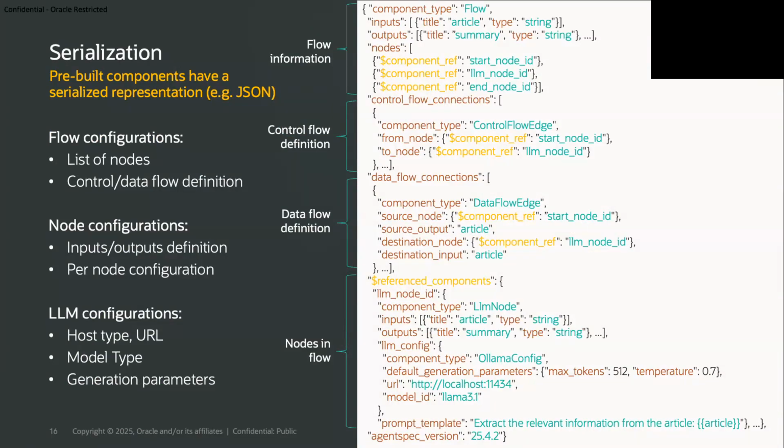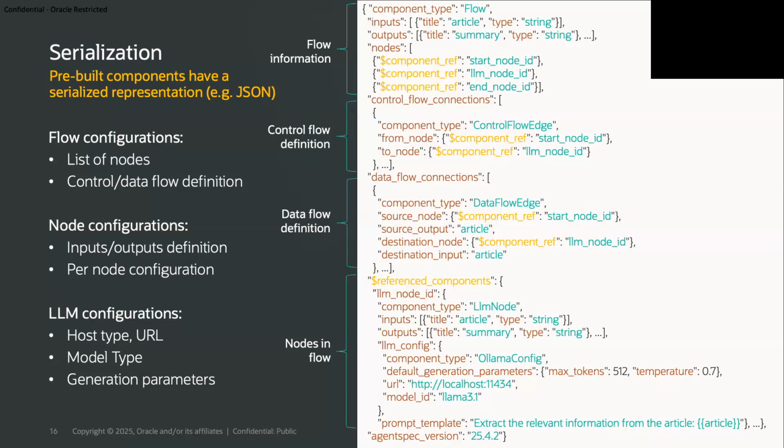On the bottom, you see some definition of a node. For example, the line with component type LLM node: in practice, this is not going to be code that you write or even read as a human. That's why we have the Python SDK, which is much nicer to use to help you generate this. Something I want to point to in this configuration is what appears in yellow, which are references to components.